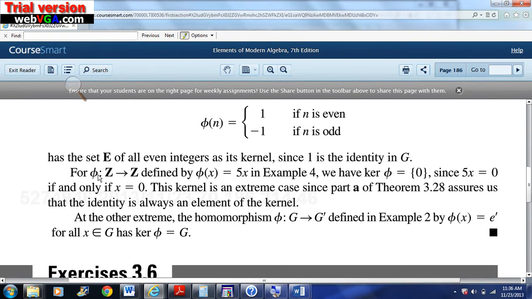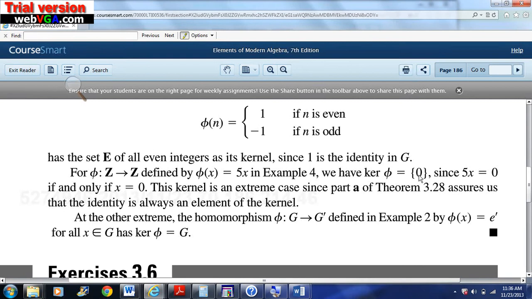For phi such that Z is mapped into Z, defined by phi of x equals 5x, in example 4, we have ker phi equals the set whose only element is 0.